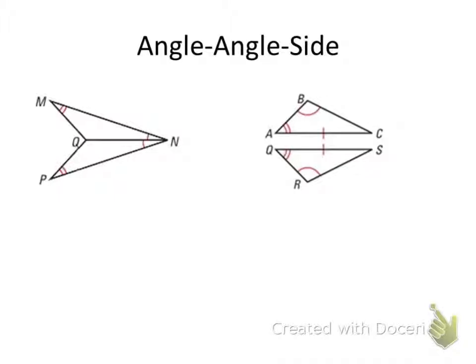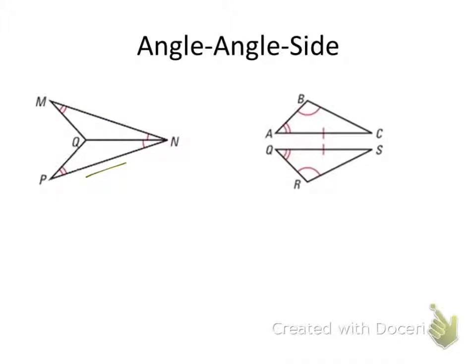Our last one of the five is angle, angle, side. This is where we have two angles, but the side is not between them. Looking at our diagram on the left, there are our two angles, M and P, and then the two angles at N. Now, if it was angle, side, angle, that means MN and NP would be congruent. These right here. But it's not.